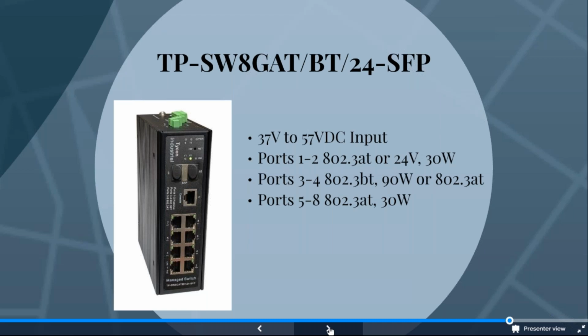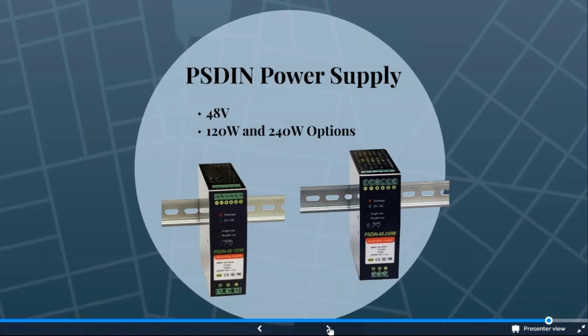A lot of times some of the manufacturers will release a product, but then maybe not have a PoE injector, or you need that DC converter because you have that DC output from your battery bank, and you need a DC switch. So all of these switches are DC powered in. And so with that, we also released our PSDIN series.